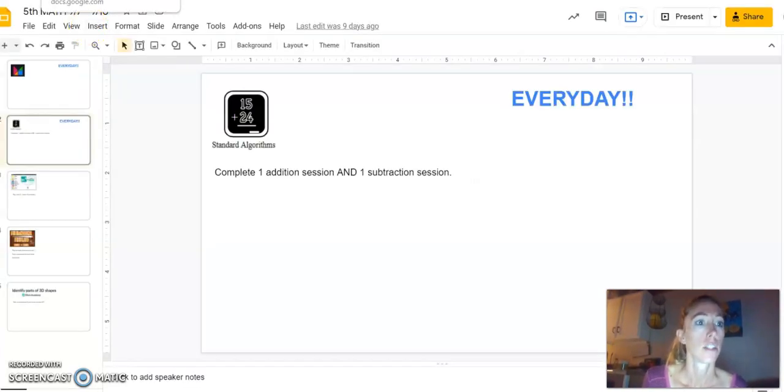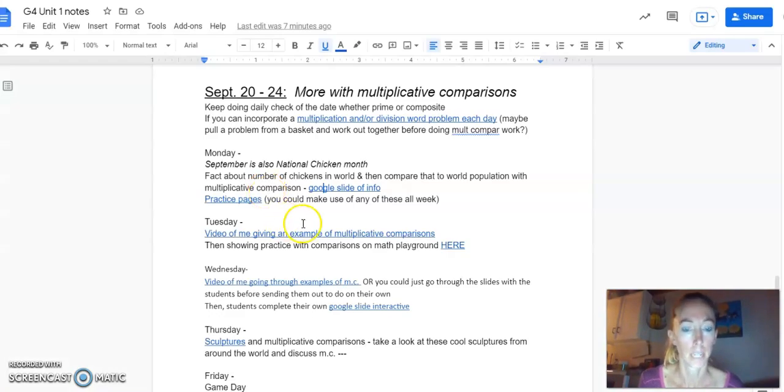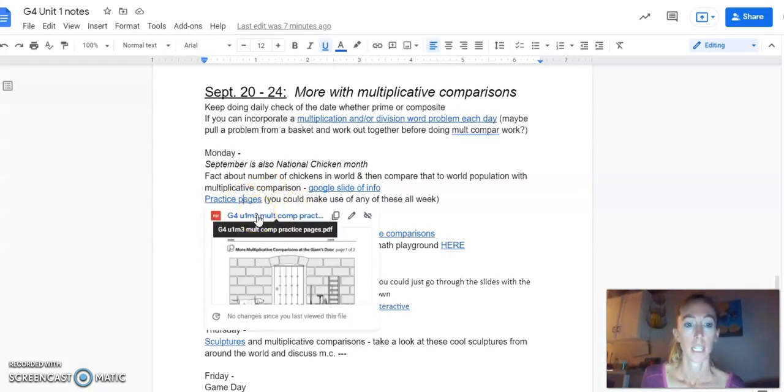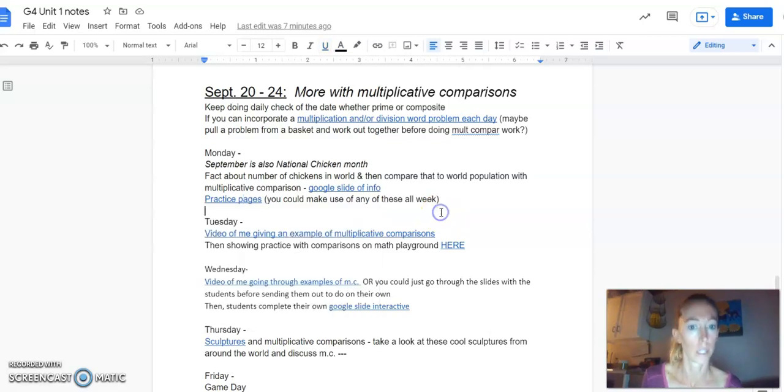Okay, then another activity to do if you want. Here are all the practice pages that you can make use of throughout the week that are a part of Bridges for multiplicative comparisons. You can peruse those. Tuesday, if you want, I'm not saying you have to do these activities, you guys, but I just made an activity for each day. This was from last year.